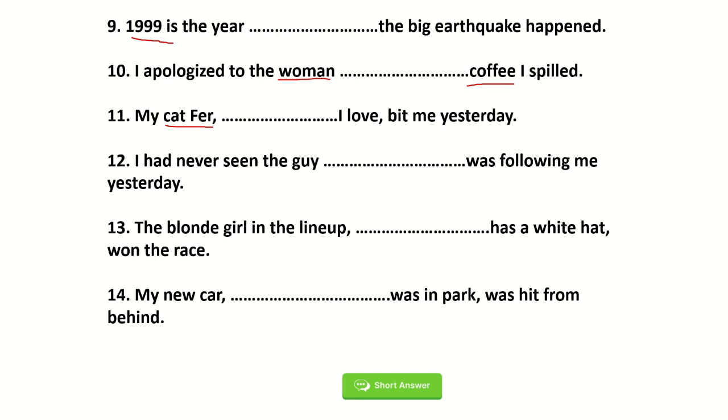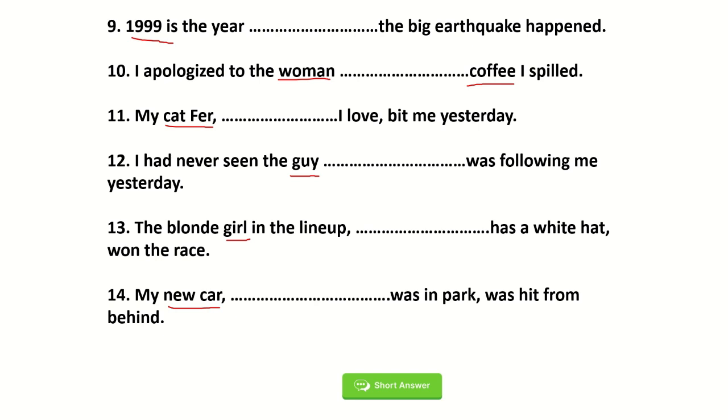I had never seen the guy who was following me yesterday. And the blonde girl in the lineup, I'm talking about the blonde girl who has a white hat won the race. My new car, I'm talking about a car, so my new car, which was in park, was hit from behind.